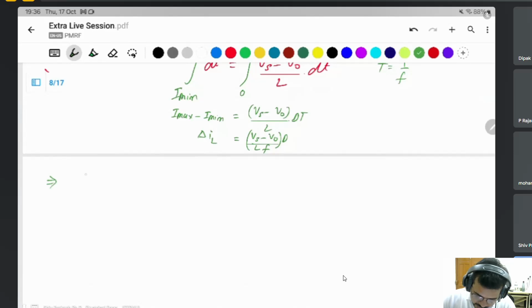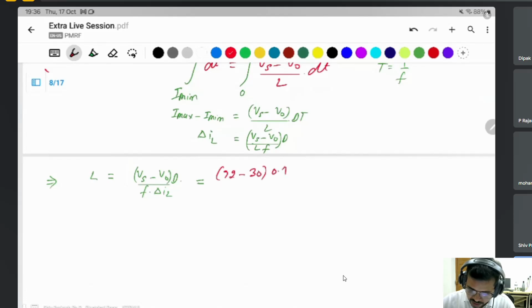It means you can calculate delta IL. From here, L is equal to Vs minus V naught divided by f into delta IL, into D. All of these things you have: Vs is 72 volt, V naught is 30 volt, duty cycle 0.42.